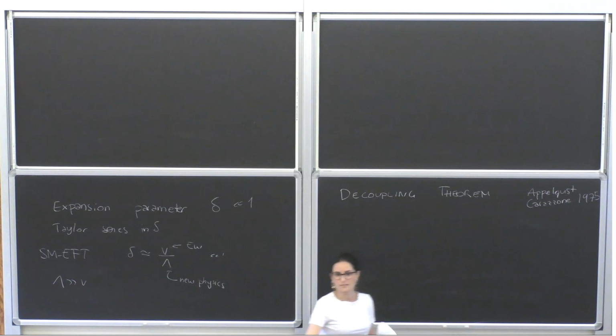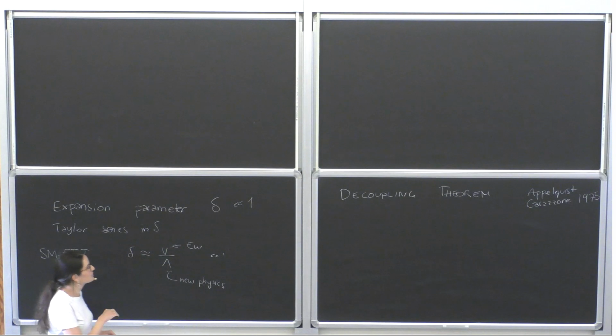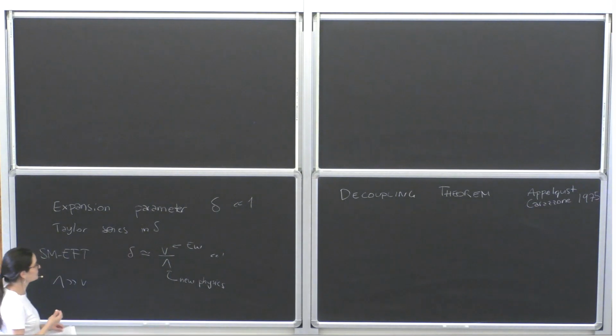And I'm not going to do mathematics here. I'm not going to do the text of the theorem and the proof. I just want to give you a sense of what this is, because this is the fundamental physics principle on which you base the construction of EFT.